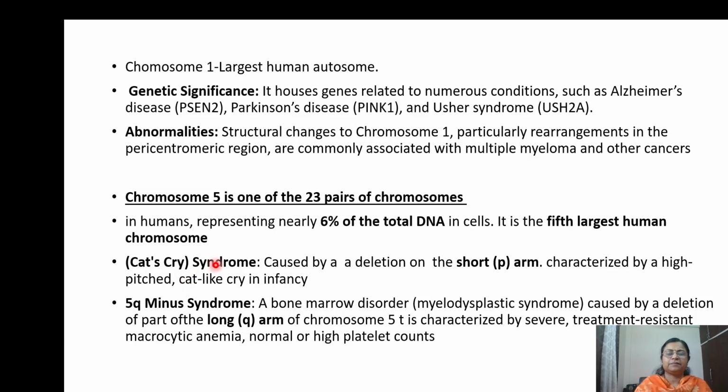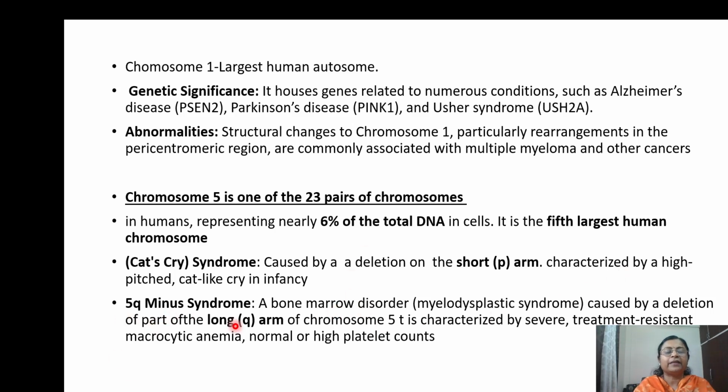Here, when the short arm gets deleted, an interesting syndrome is caused by deletion on the short arm of the fifth chromosome, characterized by a high pitched cat-like cry in infancy. So infants cry like a cat if they suffer from this syndrome.